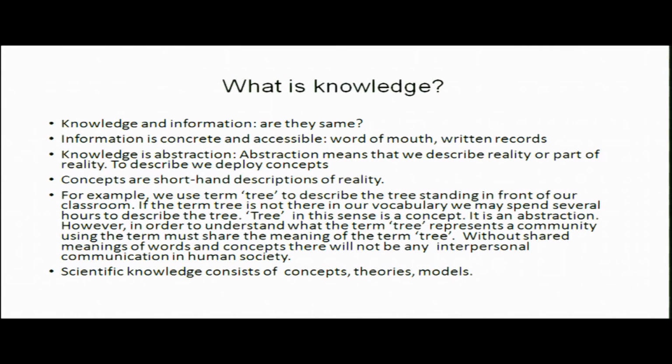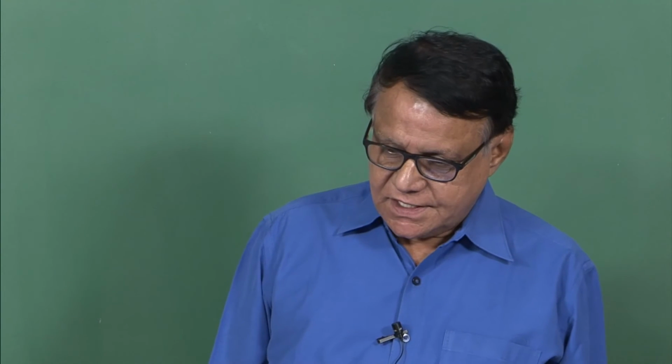Information is concrete and accessible. It is accessible through word of mouth or written records, and information is used to act upon certain things. For example, if I want to travel by train, I look up the railway timetable to see at what time the train to the destination where I want to go starts, and then accordingly I plan my travel.